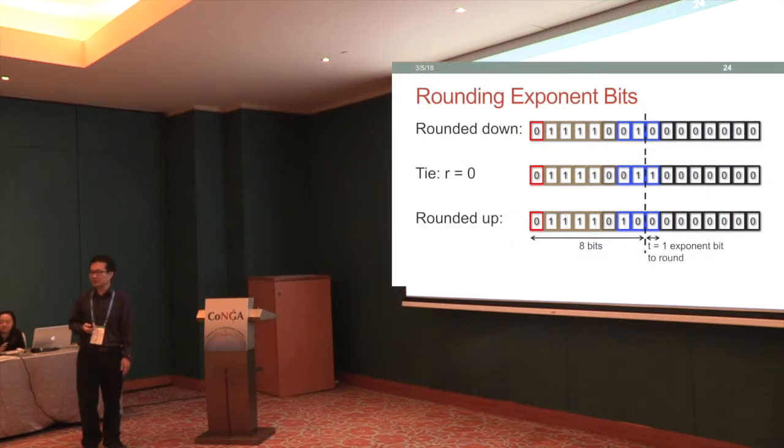So we have two choices. Either we round down or we round up within these 8 bits. And whether to round down or round up depends on the midpoint of these two numbers.